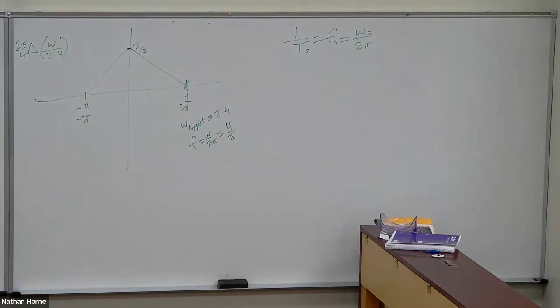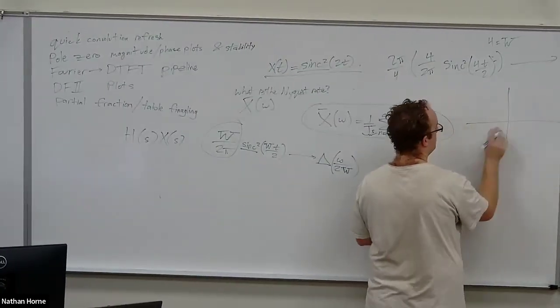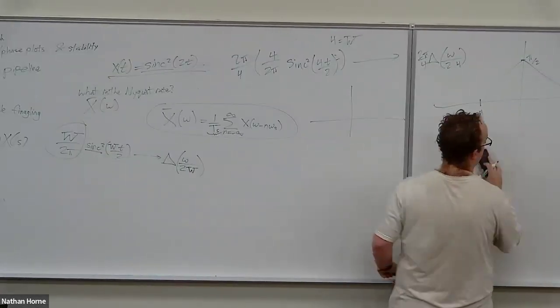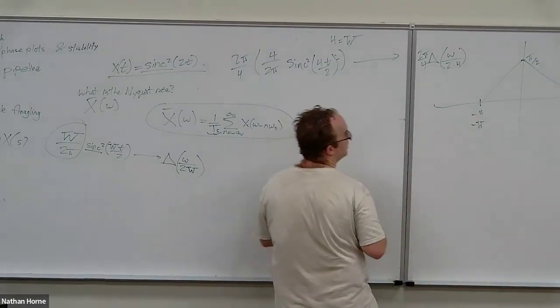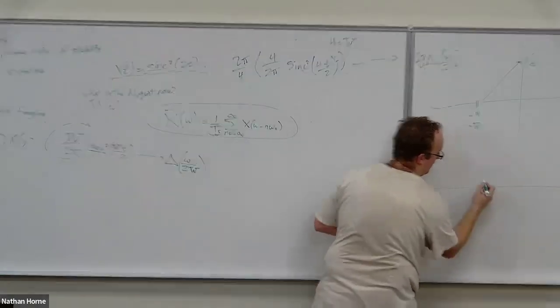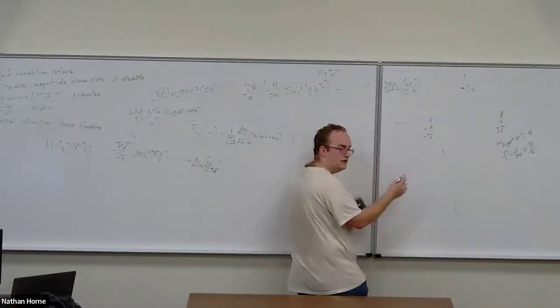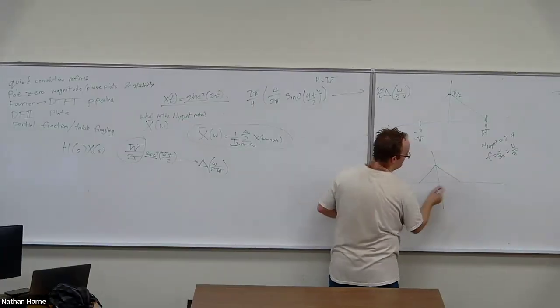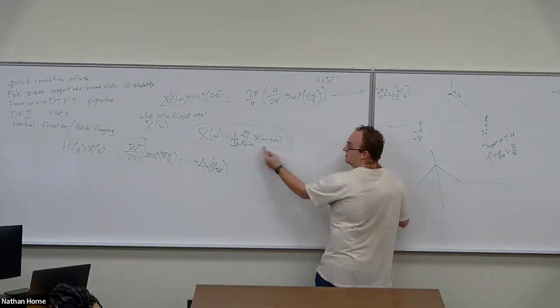Okay, so now let's imagine what the sampled spectrum of this is going to look like. I'm just going to draw it below right here. I'll give you the easy one. We're going to have a triangle right at 0. That's the value of n equals 0, right?